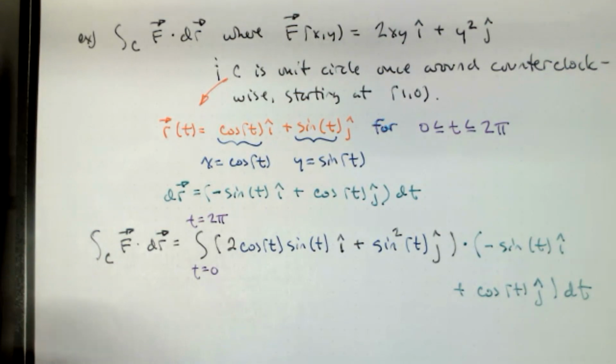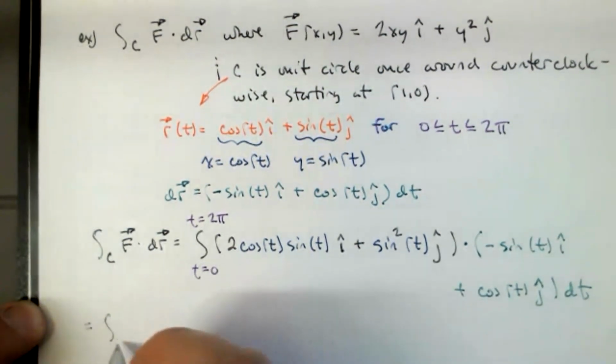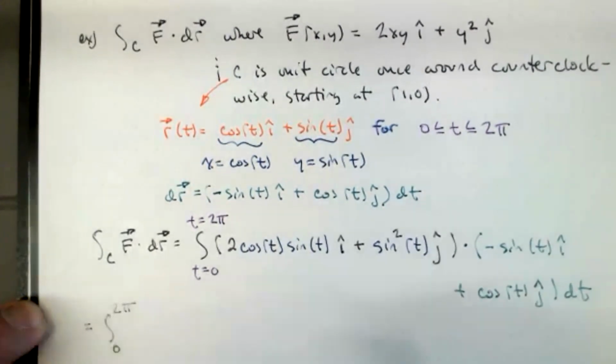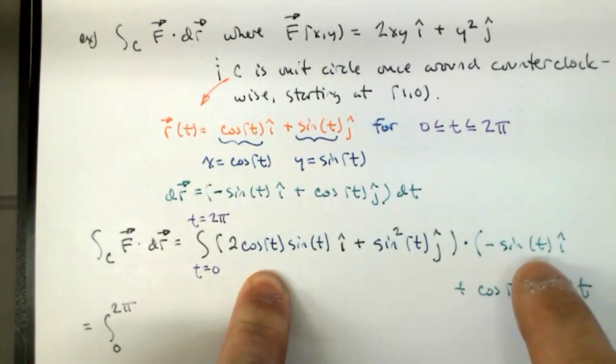So what we get is the integral from 0 to 2 pi. And then we just write the dot product. 2 cosine t sine t times minus sine t.